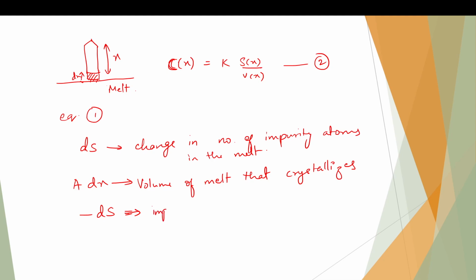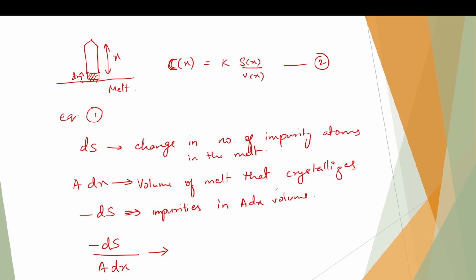So impurities in a dx volume. I hope I make sense. So now what will be minus ds upon A times dx? This is nothing but the impurities in the A dx volume upon the A dx.